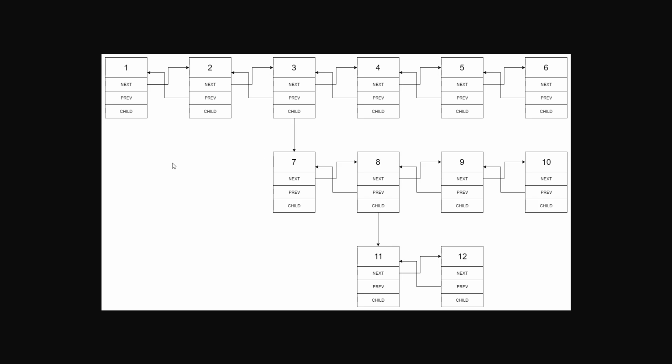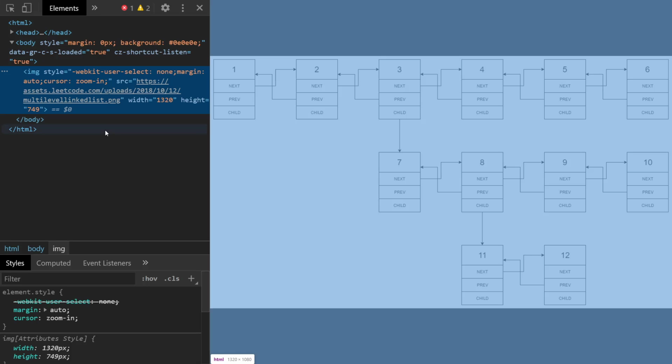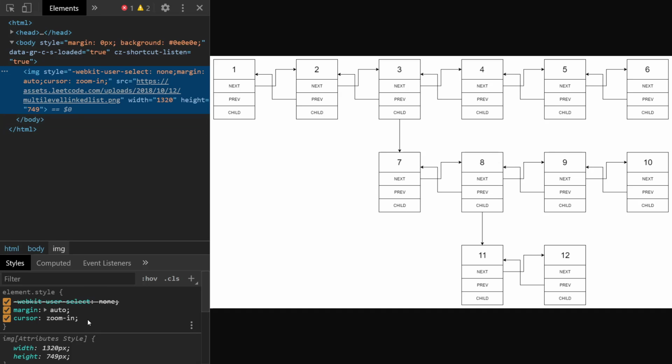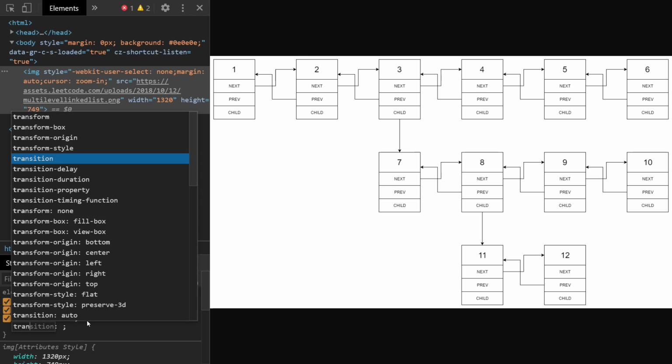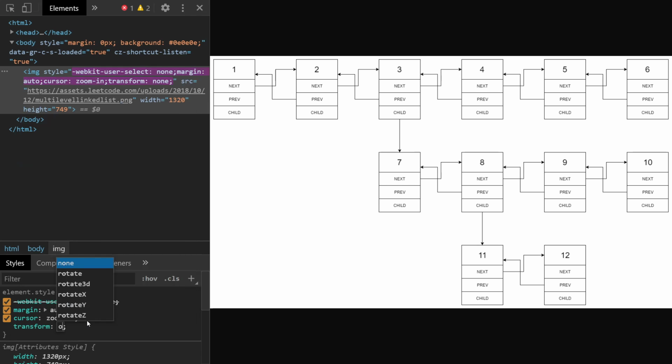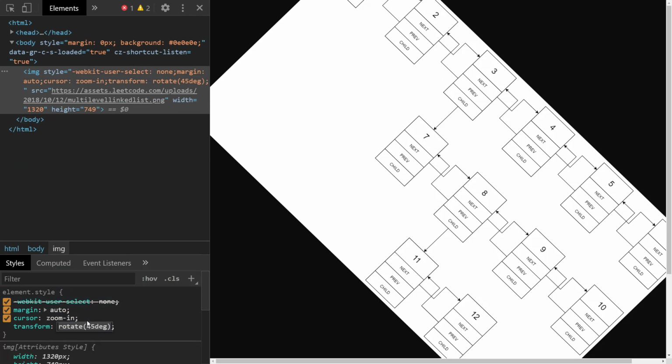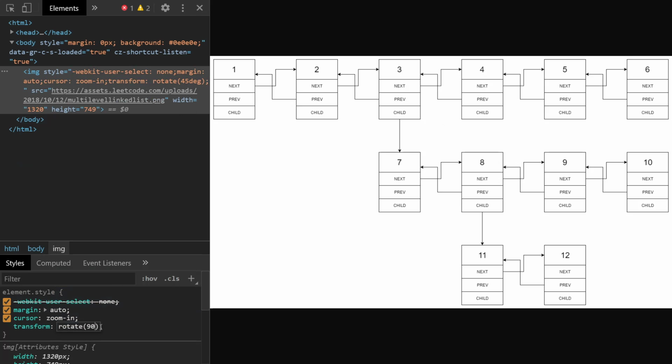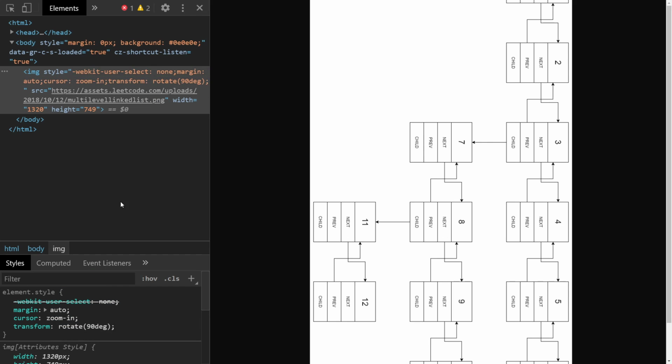Now just think about this image, and suppose somehow we can rotate this image clockwise. So I'll try to see if I can rotate it. Okay, so suppose we have rotated it this way.